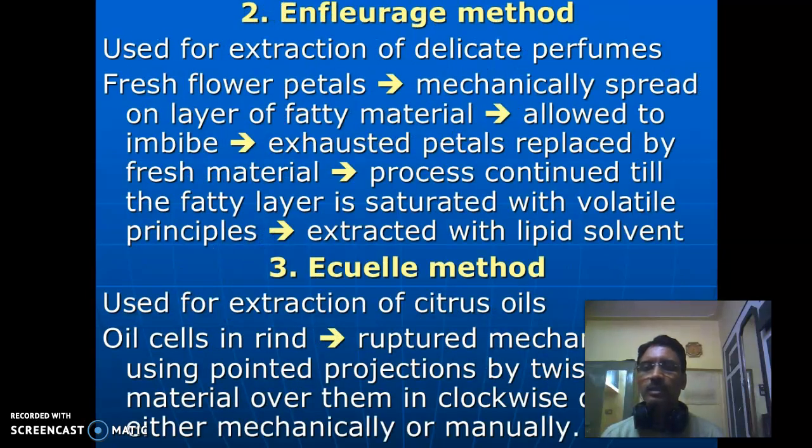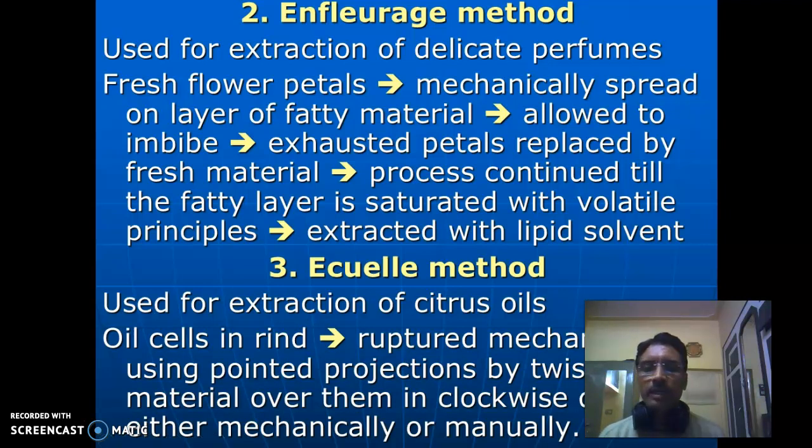The next method is the enfleurage method. This method is used for the extraction of sophisticated volatile oils such as from the petals of rose and other flowers, used for delicate perfumes. Fresh flower petals are mechanically spread on a layer of fatty material and allowed to imbibe.